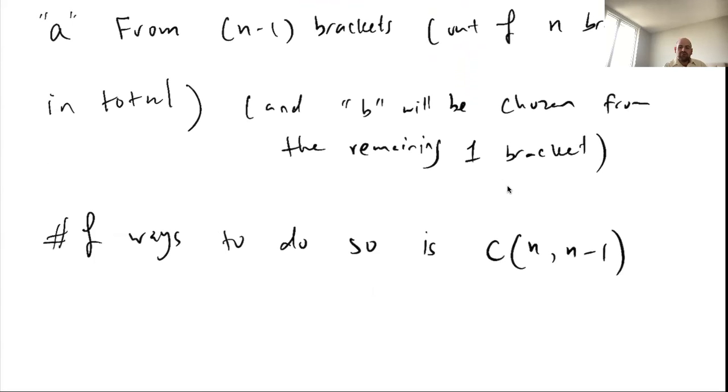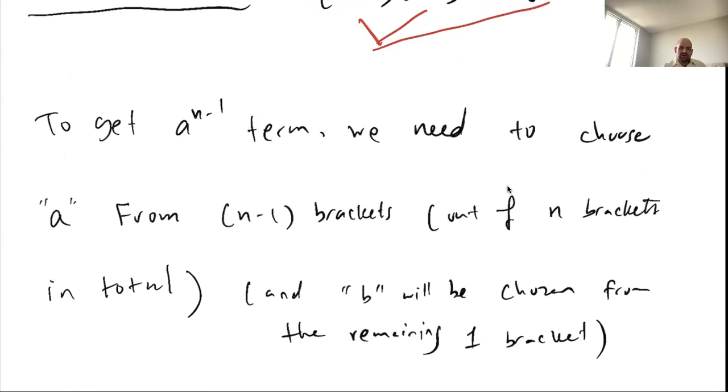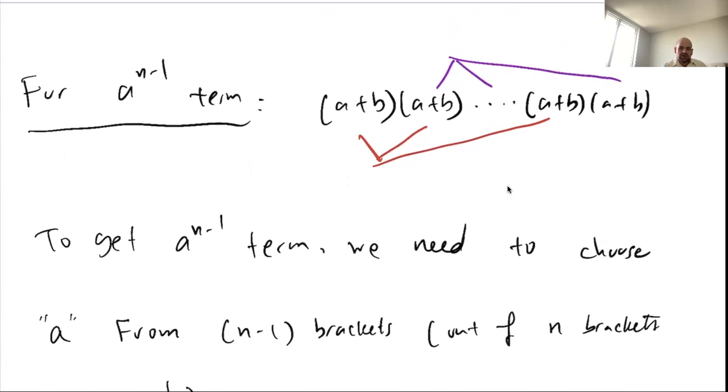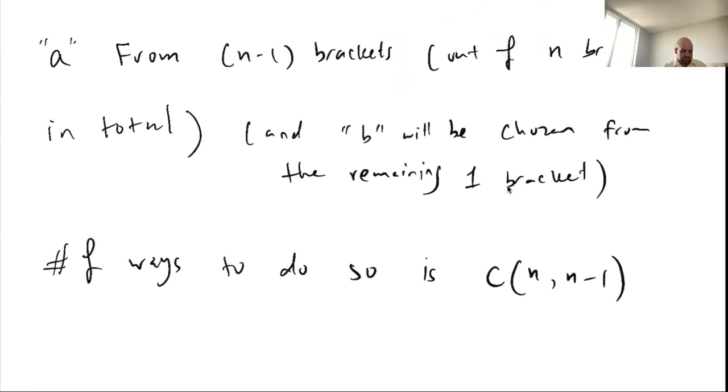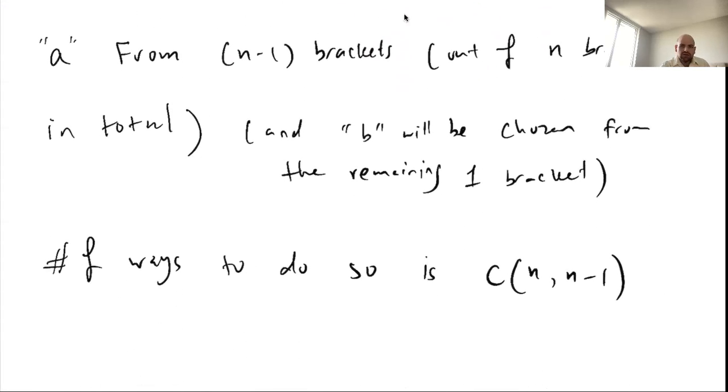I want to choose n minus 1 brackets out of n brackets so that I choose a from those n minus 1 brackets. The number of ways to choose n minus 1 objects out of n objects is C(n, n minus 1).